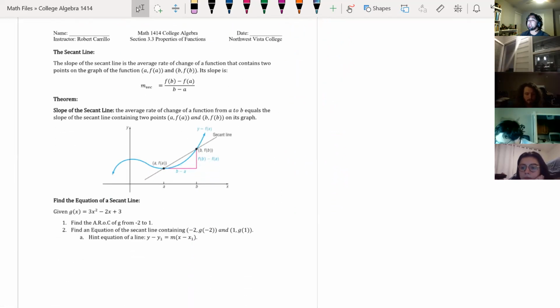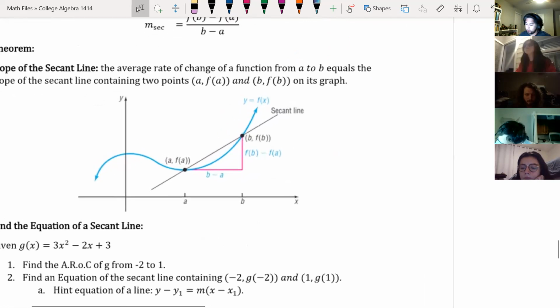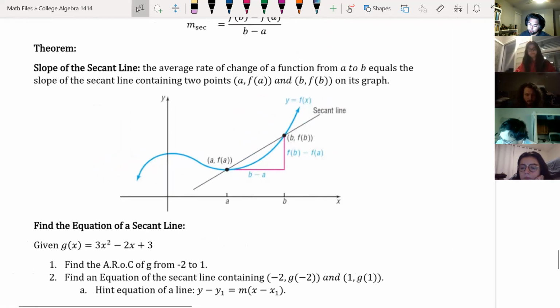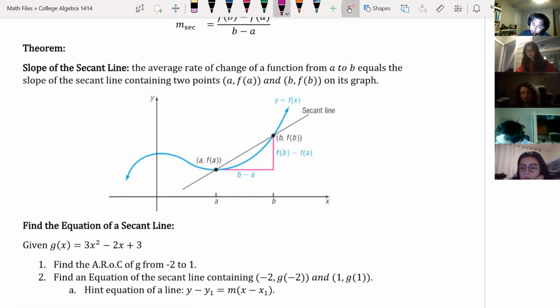All right. The next thing we're going to get introduced to is called the secant line. It is a line that runs through 2 points on a graph or on a given function, right? So down here, if we're given a function or a graph, I could just say given the graph of a function.